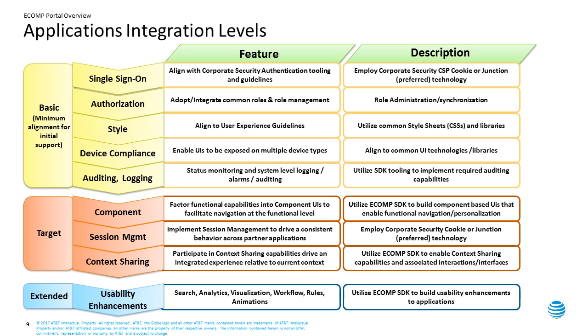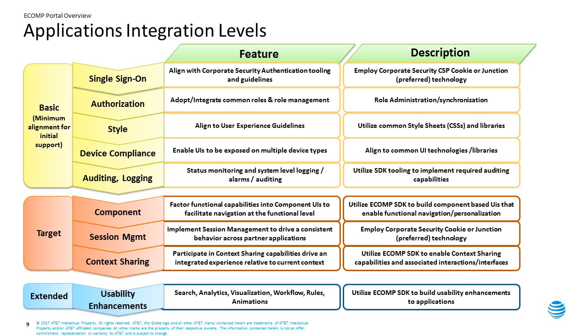Applications which are generally pre-built, third-party or vendor applications, usually fall into the category of basic integration. On the other hand, applications which are newly built or are built using ECOMP portal SDK are geared towards the target integration level. By targeting this level, the application leverages the full power of the portal framework as well as the SDK.